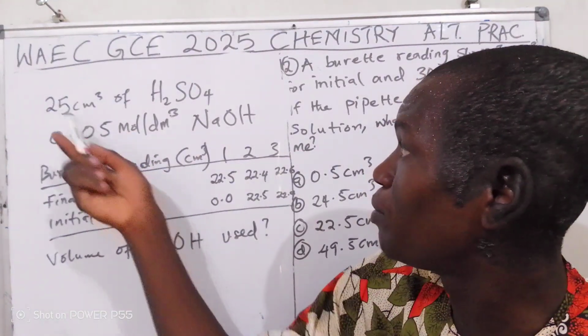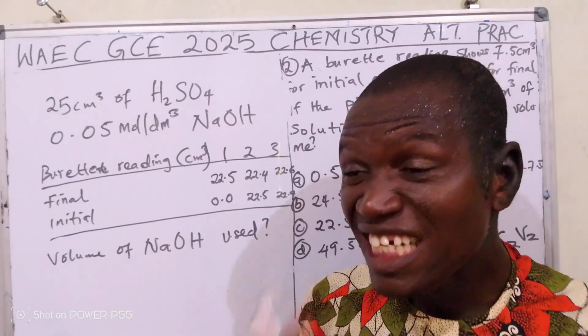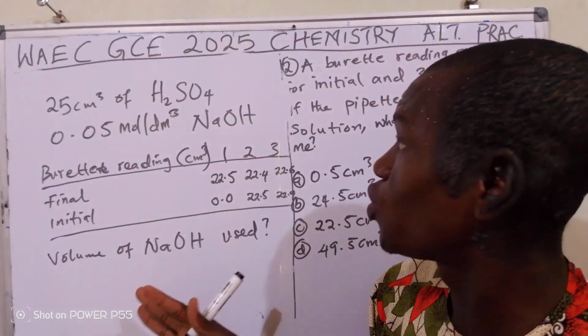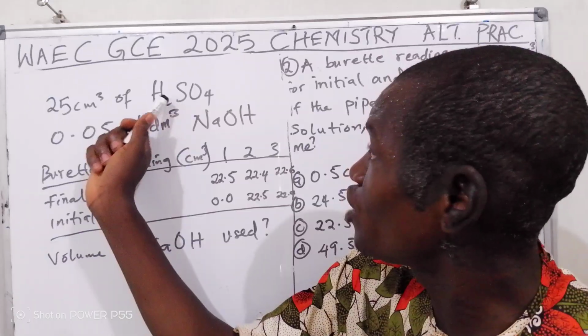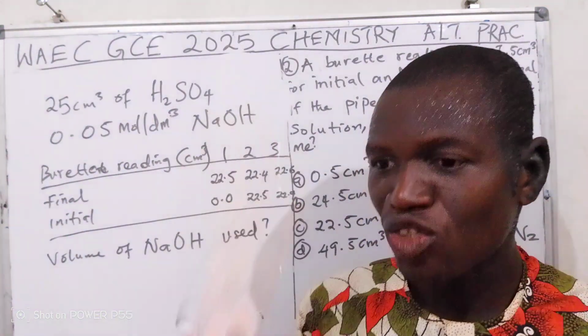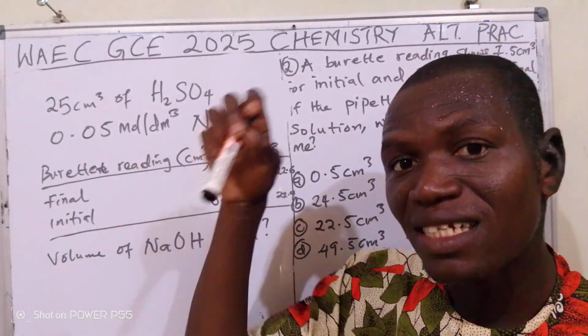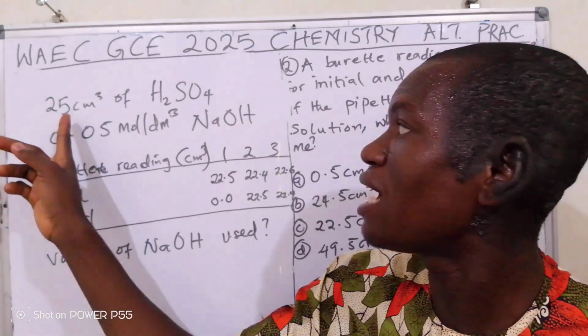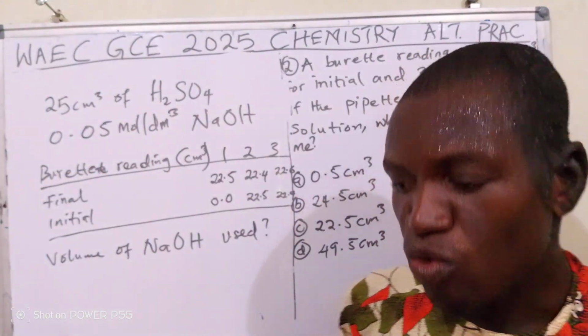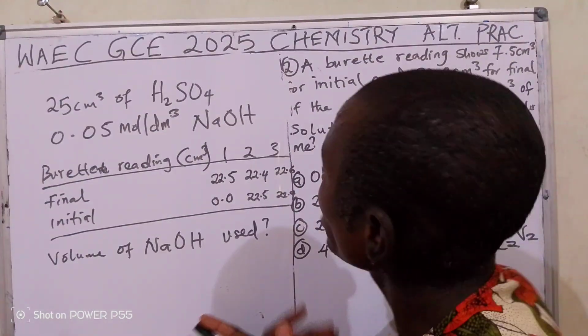The acid was pipetted because the volume was already given to us initially, that in this experiment, the amount of H2SO4 used is 25 centimeter cube, which means they know the actual. So the titrant was actually the sodium hydroxide, which was placed in the burette. So this was pipetted instead. Why I'm explaining this is so that you will not be confused and say, why am I seeing this?